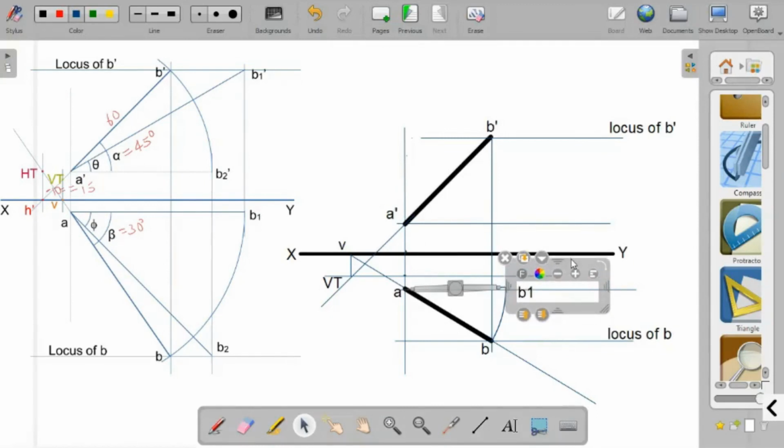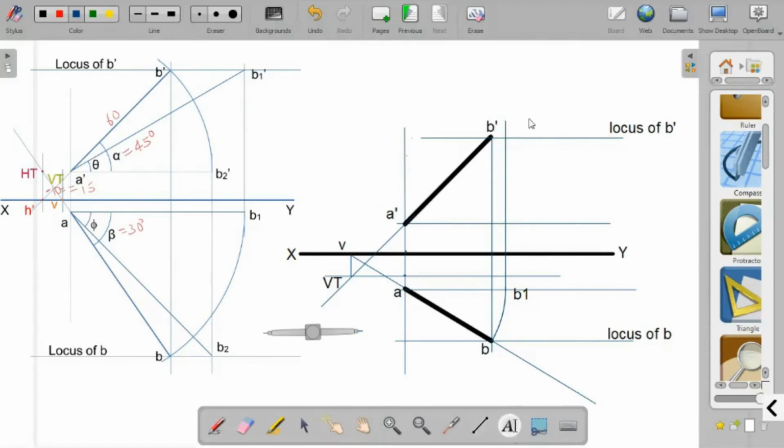Then a line perpendicular to this line. So this is B1 dash. Join A dash with B1 dash, so that this angle will be theta. The angle of A dash B1 dash with this horizontal line will be equal to theta.